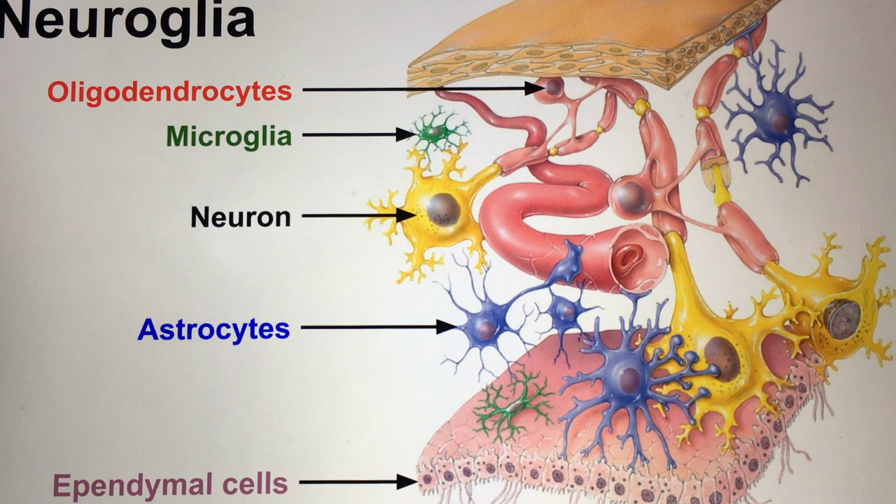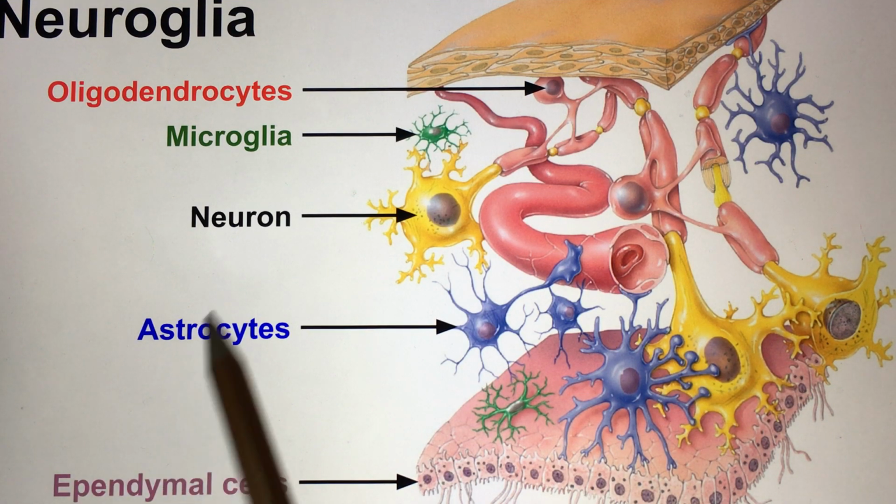Cerebrospinal fluid contains lots of nutrients, and the astrocytes are able to extract the nutrients or the oxygen or water from it and feed it directly to the neurons. So what astrocytes do is they basically help the neurons to receive the chemicals, nutrients, and oxygen that they need for their living. Ependymal cells create cerebrospinal fluid that circulates around the brain.